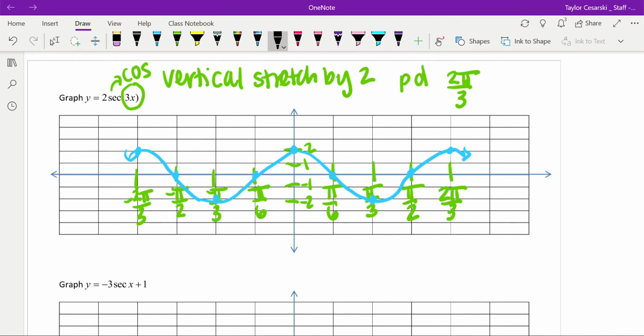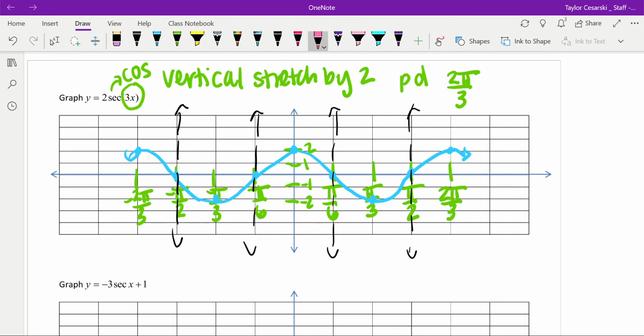I've already accounted for that period change. So I'm going to go ahead and draw in my asymptotes wherever this guy crosses the x-axis. Okay, so those are your asymptotes.